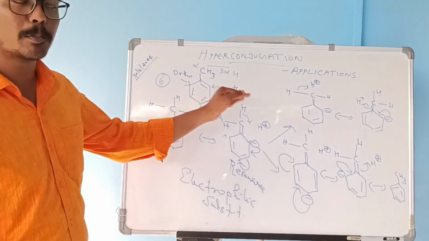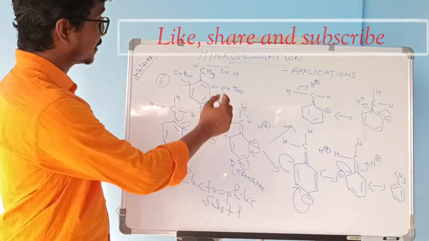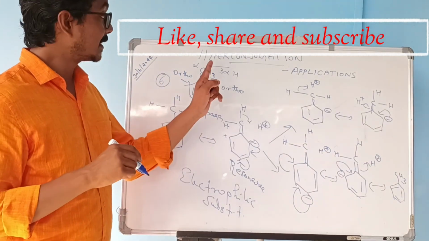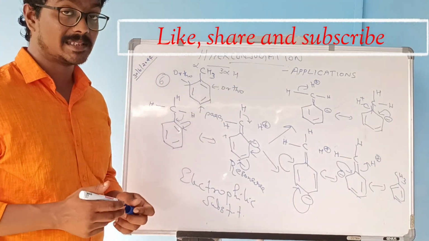So toluene always promotes electrophilic substitution reactions at ortho and para positions due to this hyperconjugation. Okay, this is very important.